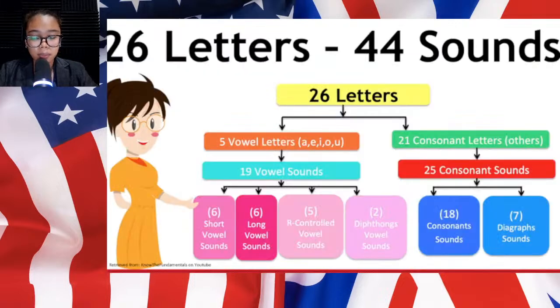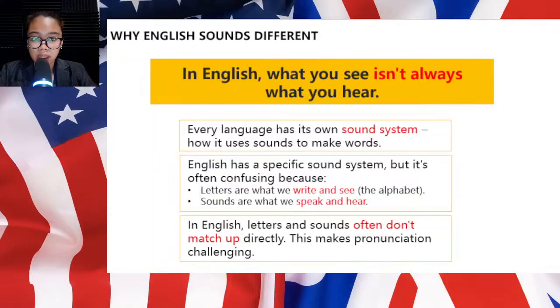Because again, remember, there are 26 letters in the English alphabet, but there are 44 sounds for it. That is why it is really not that easy to read a word in English, especially if you don't know the word at all. Because we don't know if this word should be pronounced this way or that way because of how tricky it is.